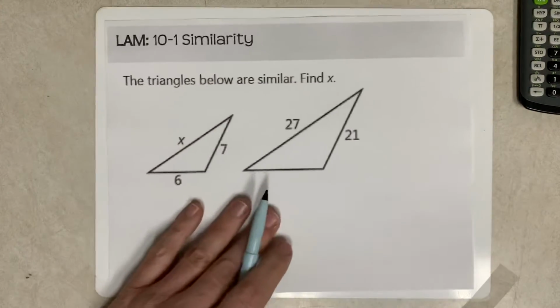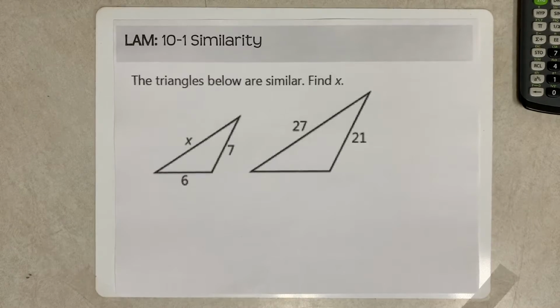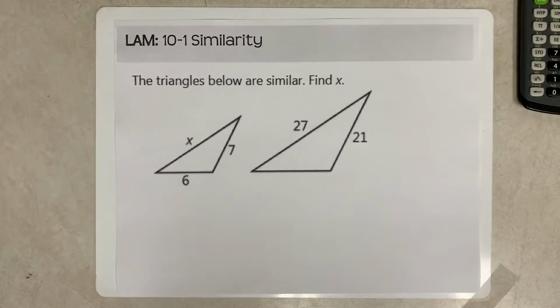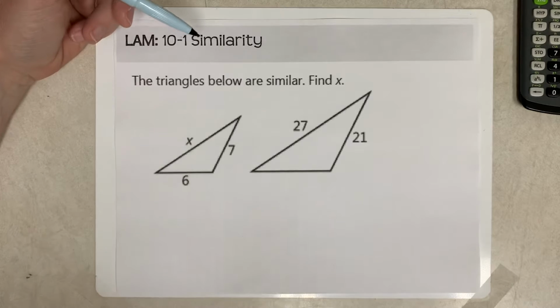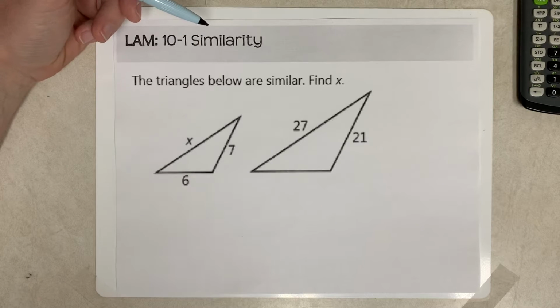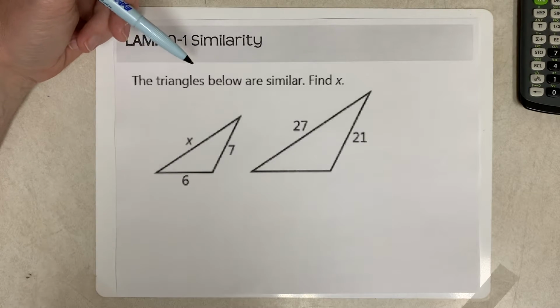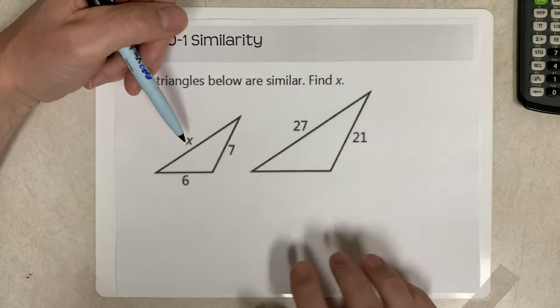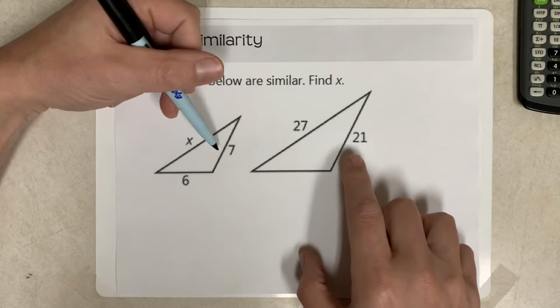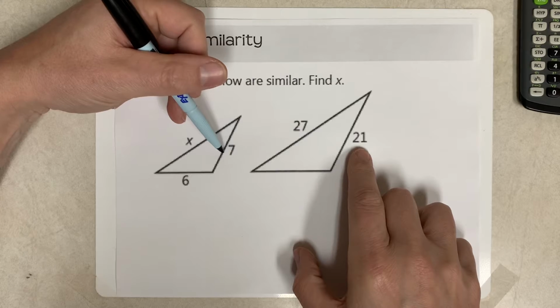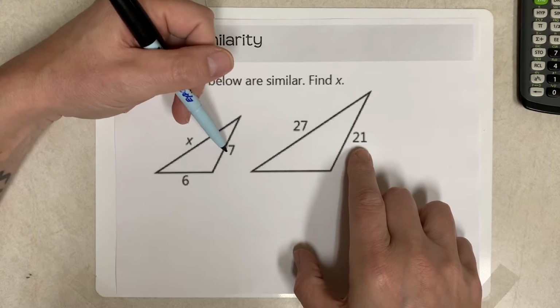Now we're going to get into some problems here that we have to actually solve. The two triangles below are similar, find x. So the first thing we're going to do is find our scale factor. We just need two sides that match up and they both have a side length given.